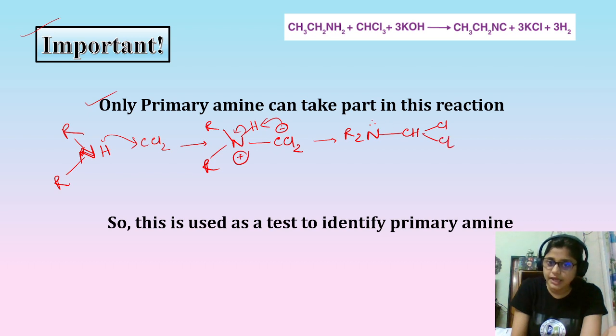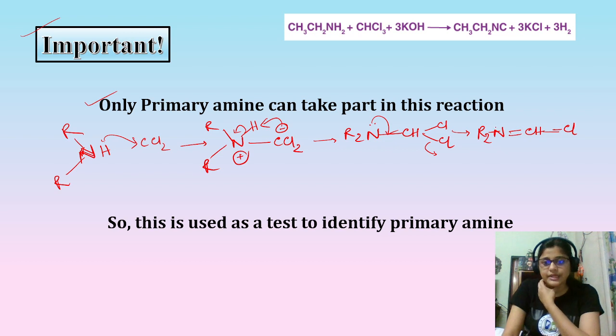Fine. It will go to this and this will be removed now. So you are thinking that the same thing is happening, right? But there is a difference. If you see clearly, now this N has R2, so 2 and 2, four bonds, it is positive.